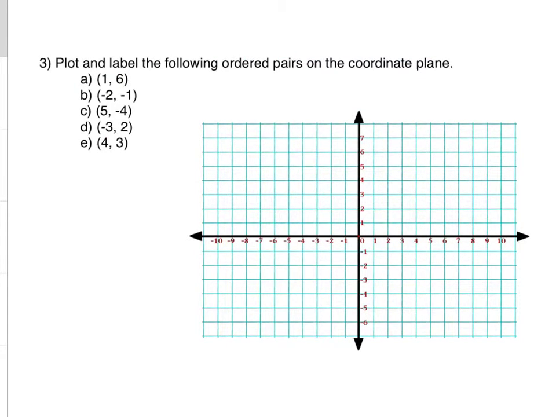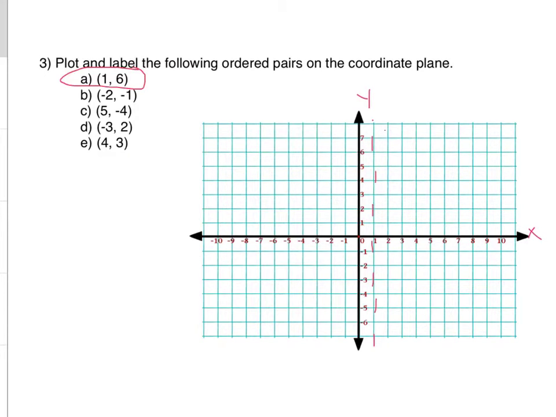Now we are going to plot ordered pairs on the coordinate plane. The first one we are going to plot is 1, 6. So 1 is my x-coordinate, so I know that I will be somewhere on this line because it's my x-axis.